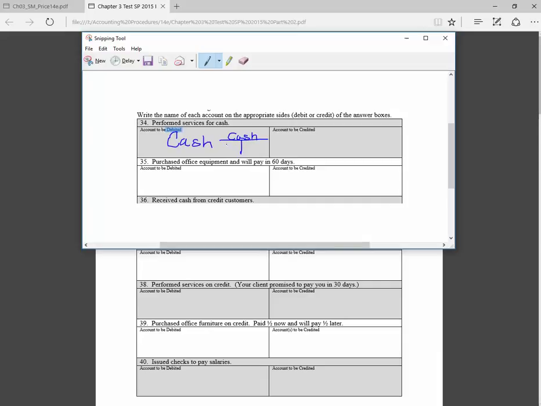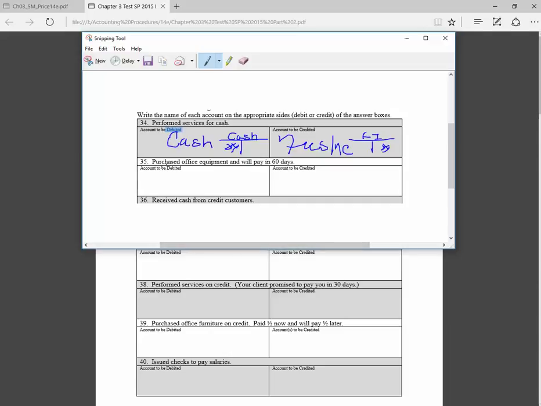And here's where your number's going to be. They didn't tell us how much, it just says we got cash. And then the account to be credited would be fees income. I'm sorry, it looks like I'm a kindergartner. I'm writing with my mouse. I'll just abbreviate. And then if you did a T account for fees income, oh boy, I'm sorry, the number would be on the credit side.